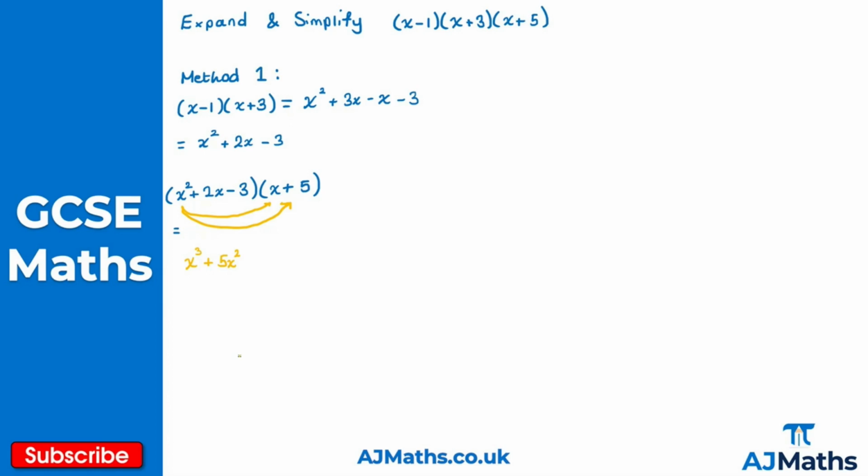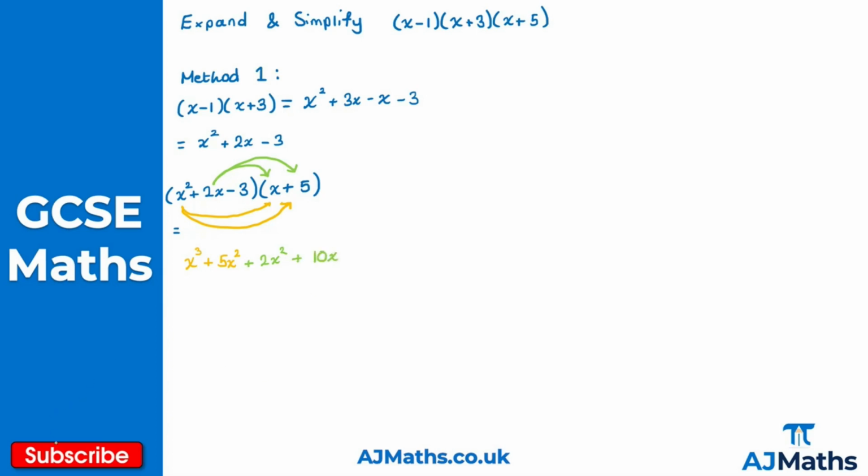Now if I use a different colour for the next term, let's do this one in green. We've now got this 2x here. I'm going to do 2x times x, that would give me 2x squared. And then we do 2x times positive 5, that will give me plus 10x.